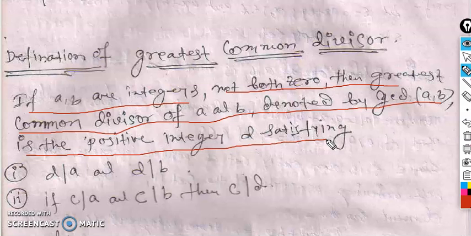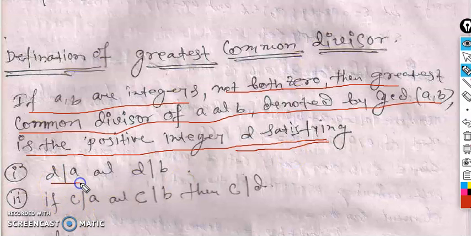If we consider d as your greatest common divisor, it is a positive integer. It's very important. The greatest common divisor should not be a negative integer. Always remember that.